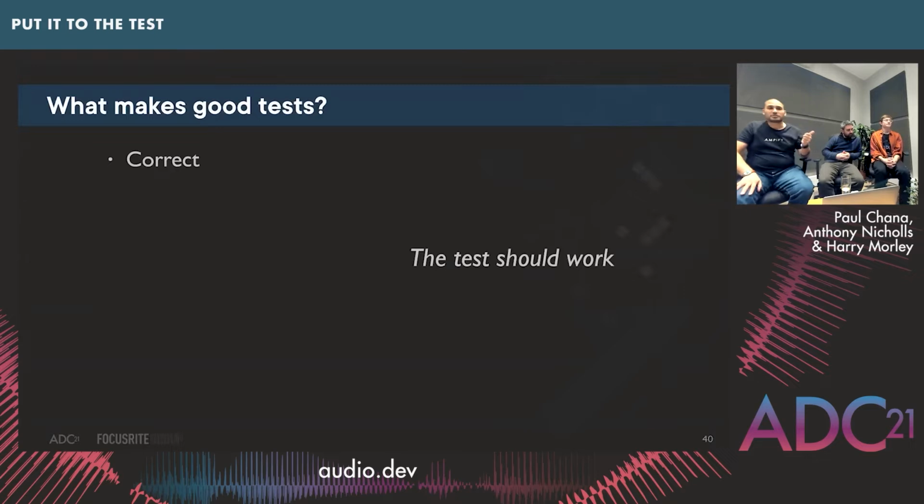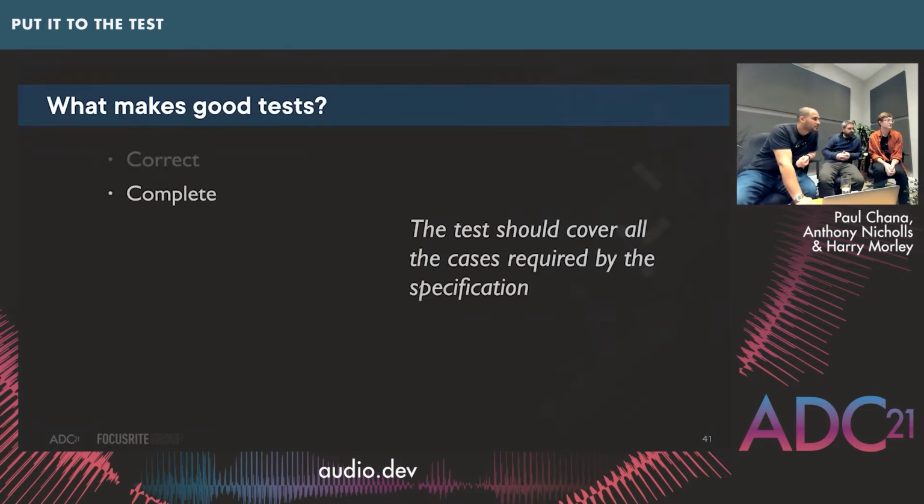So the first one is obvious. It should be correct, i.e. the test should actually work. If your test doesn't work, then obviously it's not a good test. Then the test being complete, as in it covers everything required by the specification. There's an interesting nuance here, which is that it should be correct based on the specification.